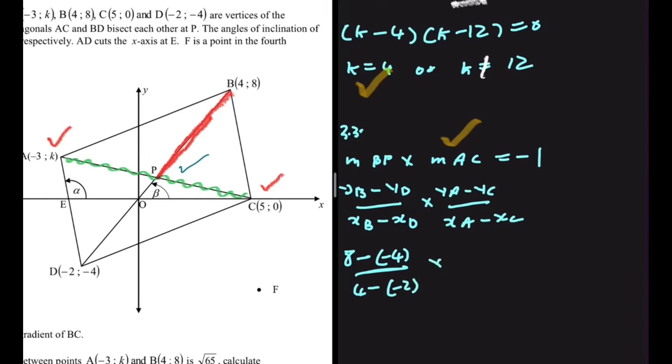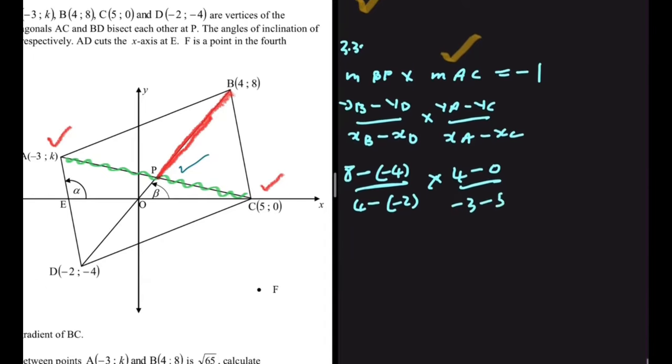And then we multiply that by y of A. We know what the value of K is now. The value of K is 4 minus y of C, which is 0, divided by x of A, minus 3, minus x of C, which is minus 5. So what is 8 minus 4?